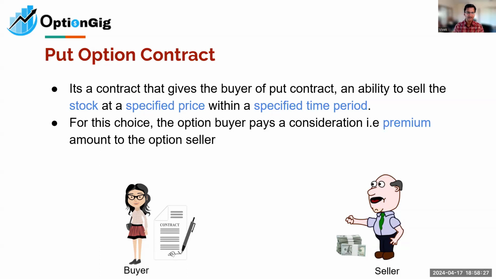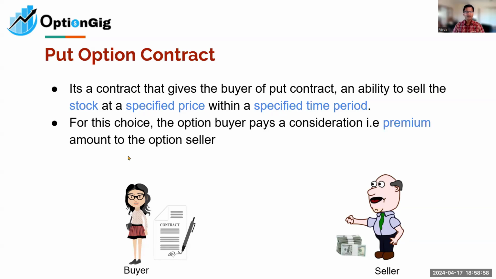The underlying is the stock. If the option buyer is buying the contract, the option seller is selling the contract. What that contract allows can be different things. In a put option, the contract allows the buyer to put the stock at the strike price up to the expiration period.